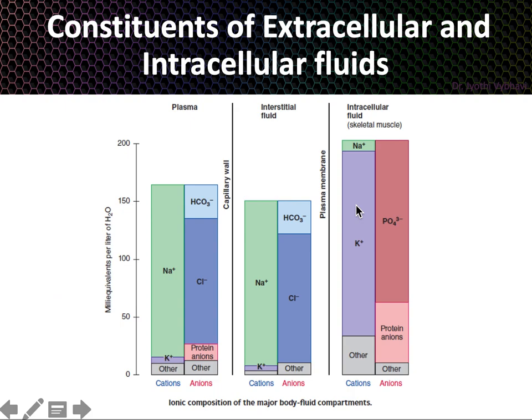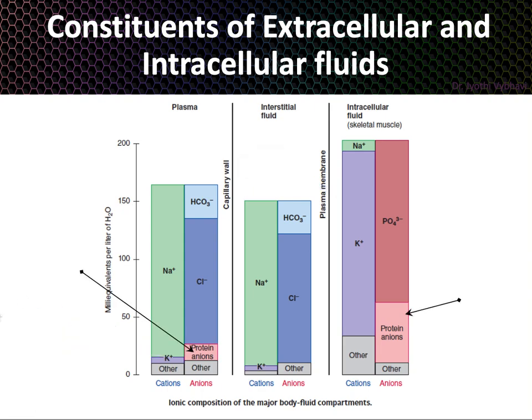I have put this picture so that you remember what is there inside the cell, what is there outside the cell, and how plasma and interstitial fluid are the same or different. So this is intracellular, that is inside the cell. As we know, potassium is the major intracellular ion, whereas sodium is the extracellular ion. You can see sodium is more outside the cell and very little inside, and potassium is more inside and very little outside.